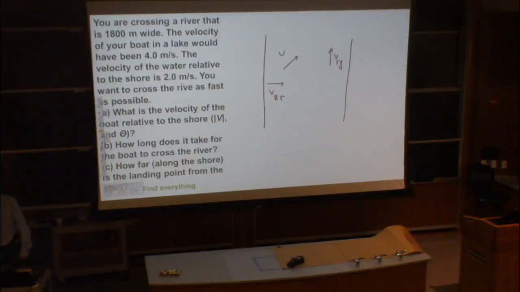This will be the actual velocity of the boat relative to the ground. So this is our schematics. Let's say we start here. This is how we would have been traveling in a lake if there were no stream. However, in reality, due to the stream, we land somewhere here. This is the actual displacement.